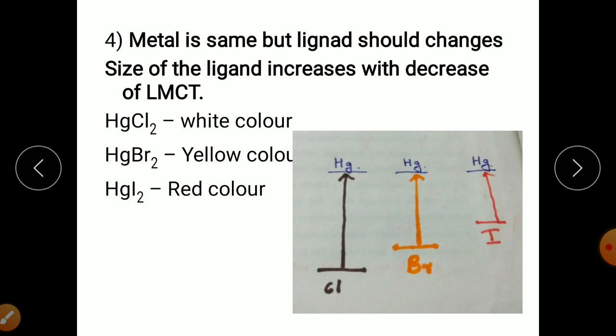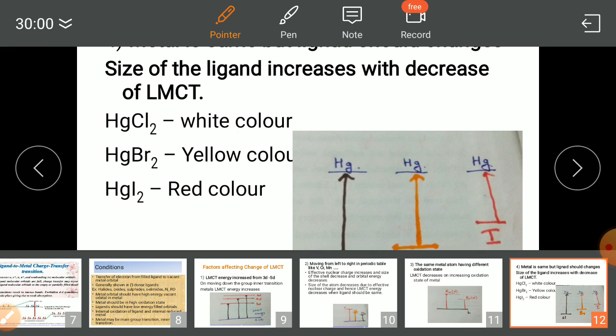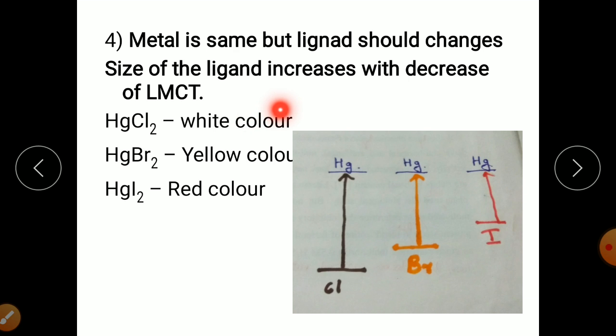The fourth point is, suppose the metal is the same but the ligand changes, then the LMCT also changes. In the case of halides like Cl, Br, as the atomic number or size of the ligand increases from Cl to Br, its LMCT energy decreases. That is why in HgCl2, mercury chloride is white, bromide is yellow, and iodide is red.